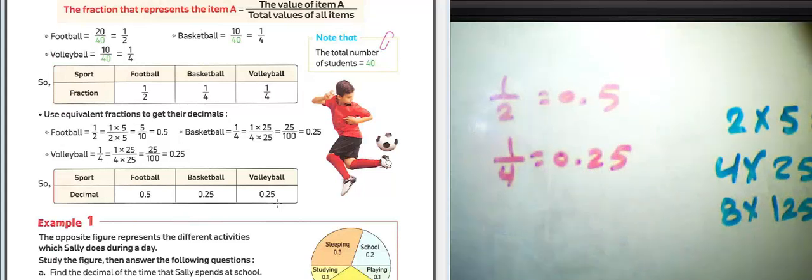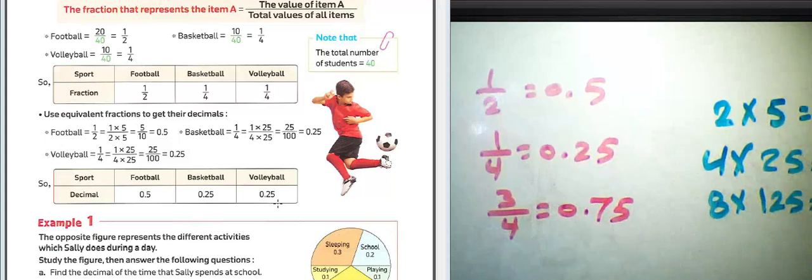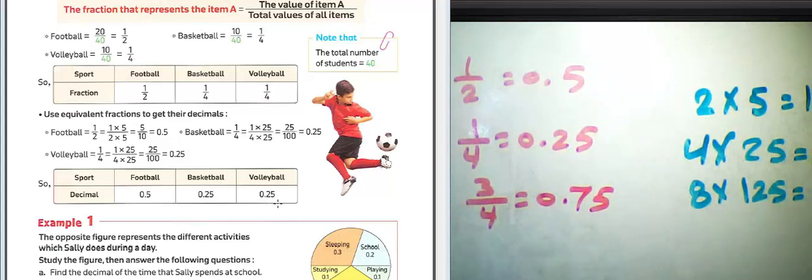Okay, and what about 3 over 4? It will be 0.75, it will be 75 hundredths.